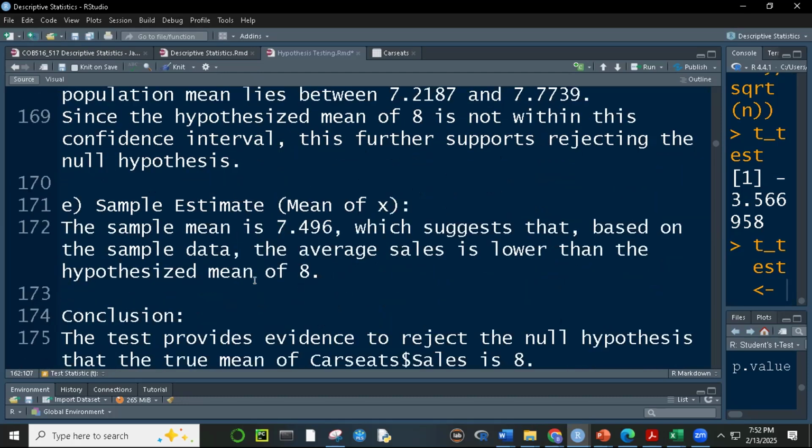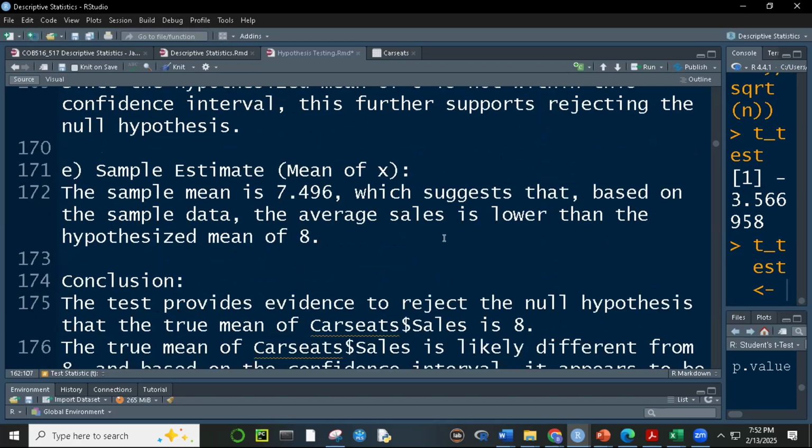And in fact, we also have the sample estimate of the mean of X. It's 7.496, which suggests that based on the sample data, the average sales is lower than the hypothesized mean of 8.